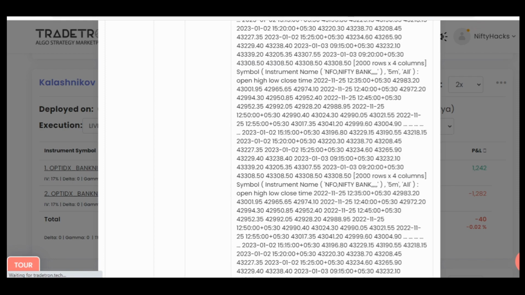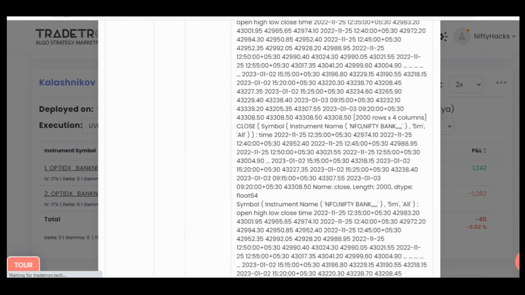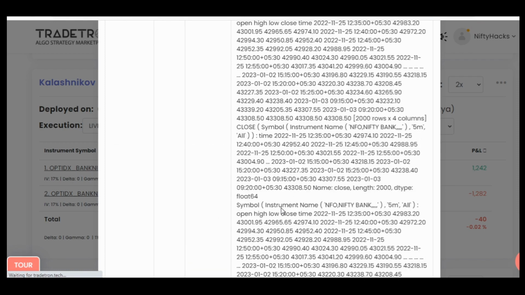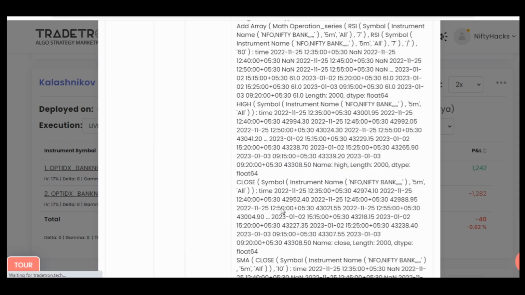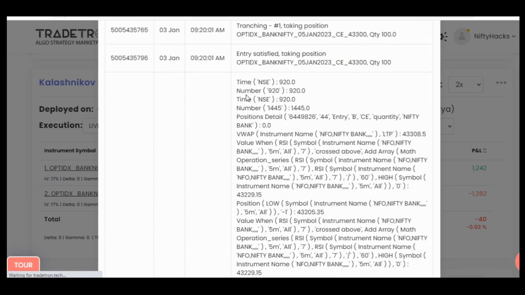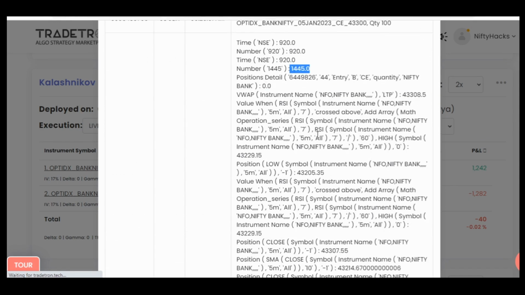Okay, this is for yesterday's entries. Okay, this seems like the 9:20 entry, so let's check this. Time is greater than this, entry by quantity, that's also okay. So LTP was at 43308. As it crossed above, this value was 43299.